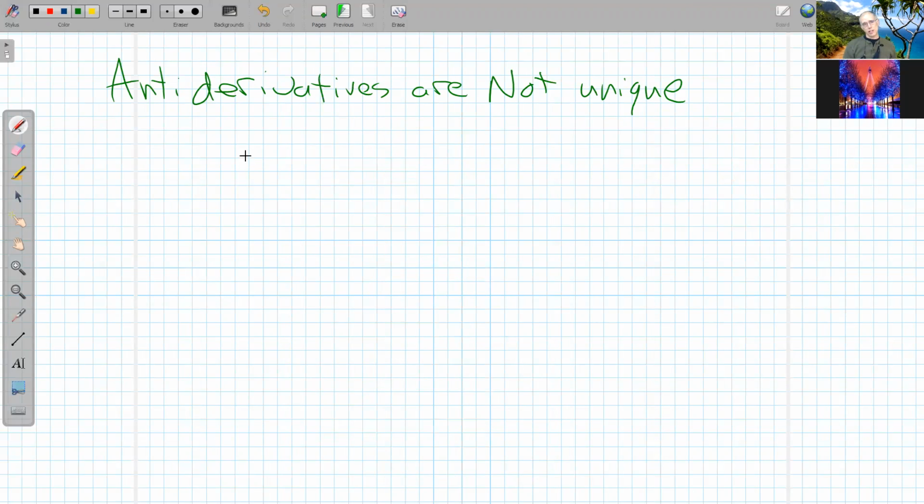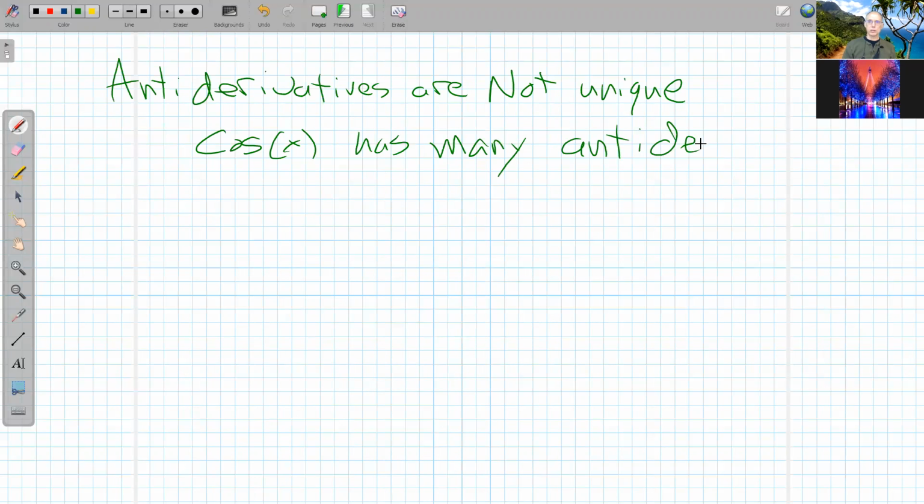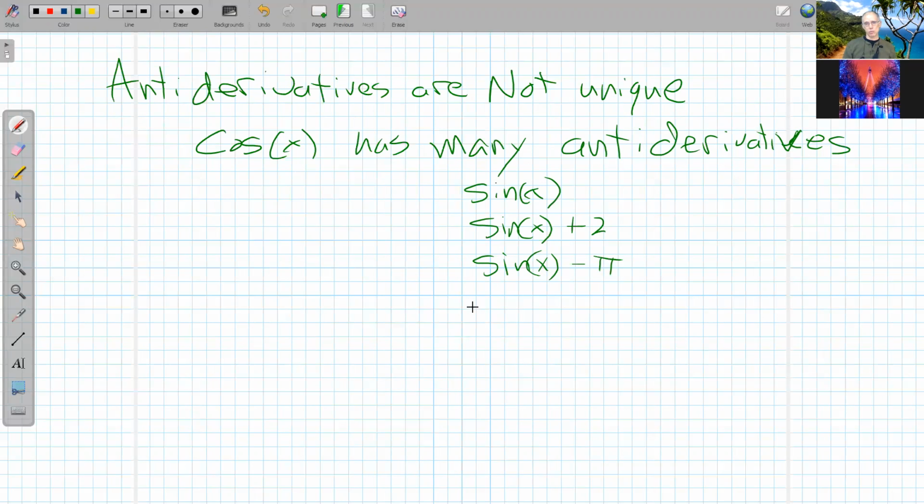So the cosine of x actually has many antiderivatives, as do pretty much any other function. Antiderivatives for the cosine of x include just the sine of x, but also the sine of x plus 2, or the sine of x minus pi, pretty much any constant we want to combine here.